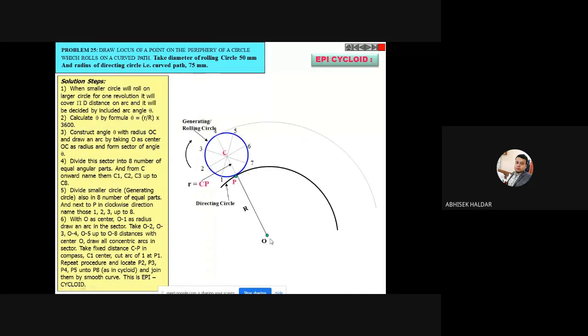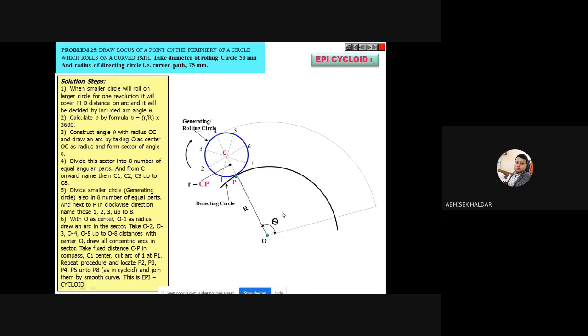Point O is my center, and O to 4 is my radius in the compass. I place one leg at the center point O and draw this arc up to some distance, which I don't know yet. This angle I have to find out, let it be theta.